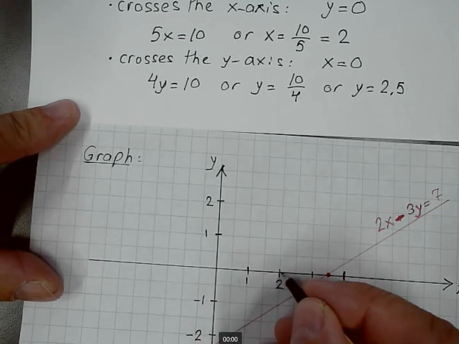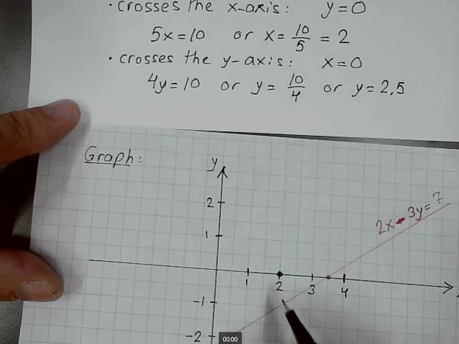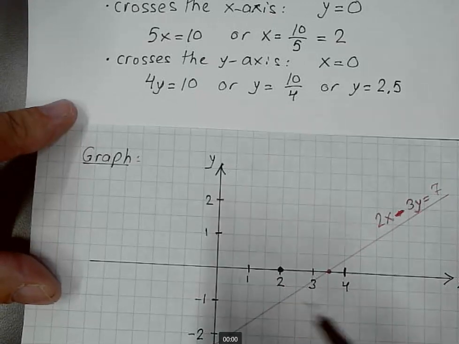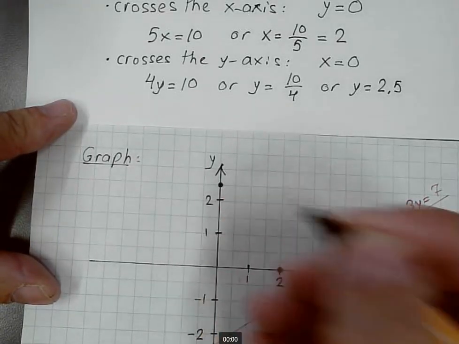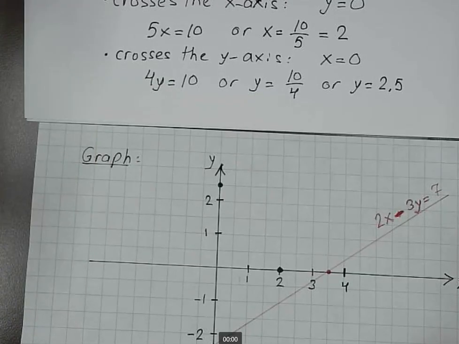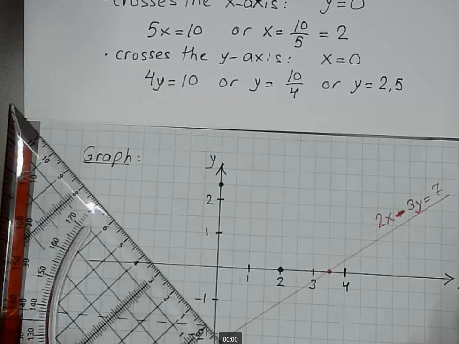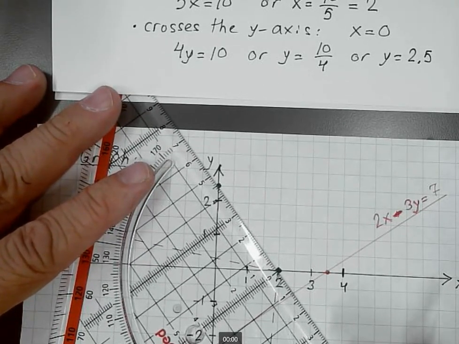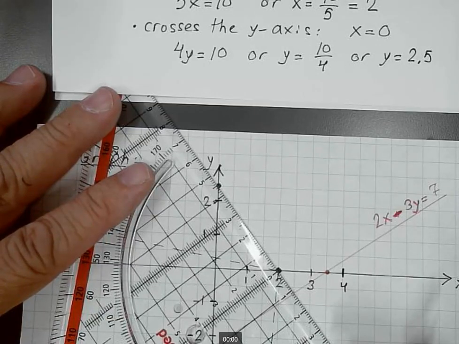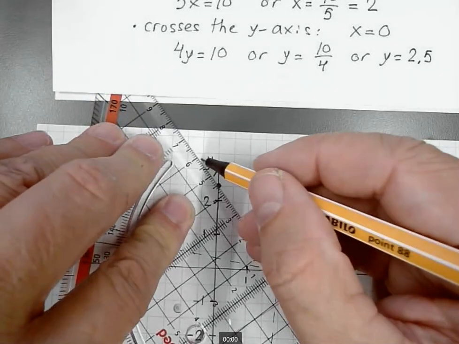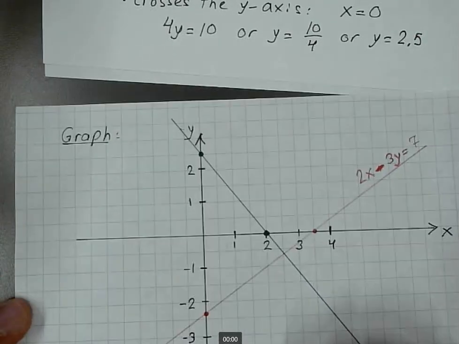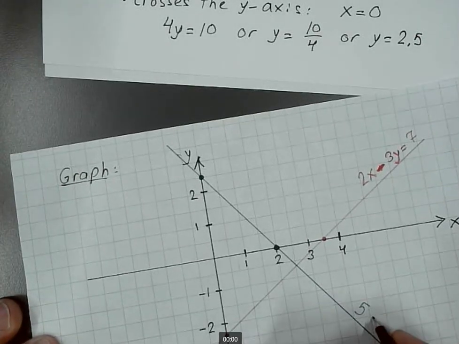X equals 2, so it is here, the point, and the other one is y equals 2.5, so it is here, this point. So the line would be somewhere here. So this is the line 5x plus 4y equals 10.